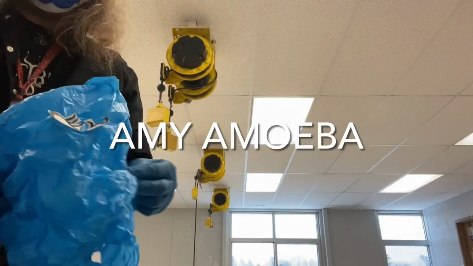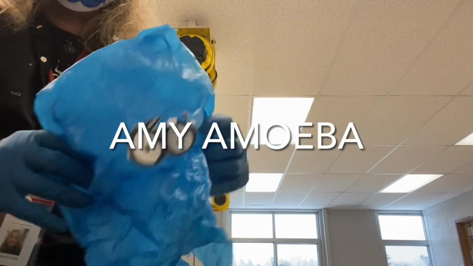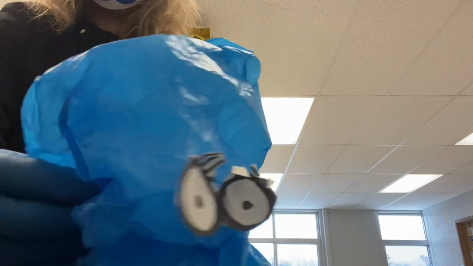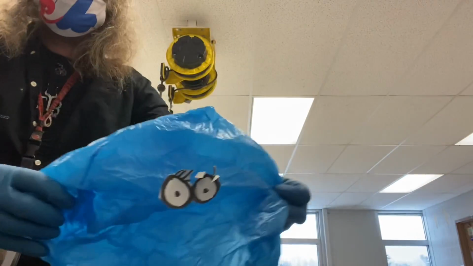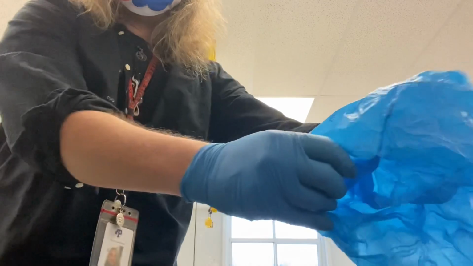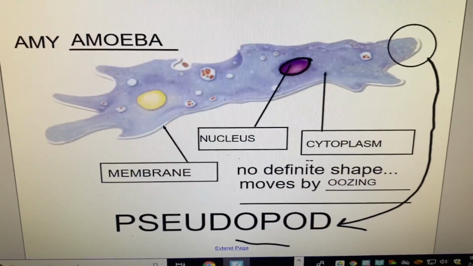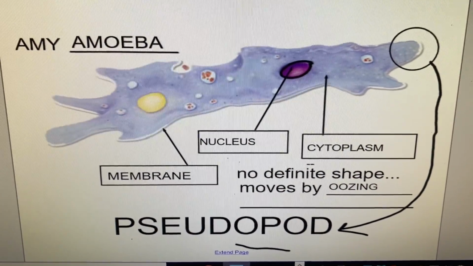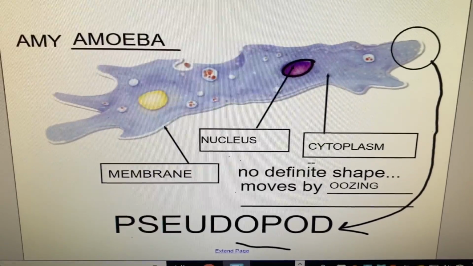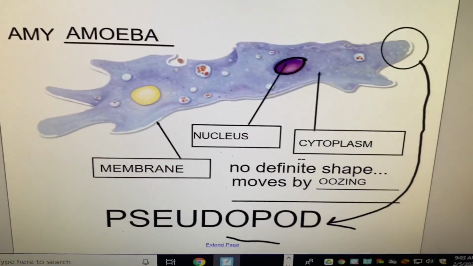And here she is, Amy the amoeba. Yes, that was Amy the amoeba.